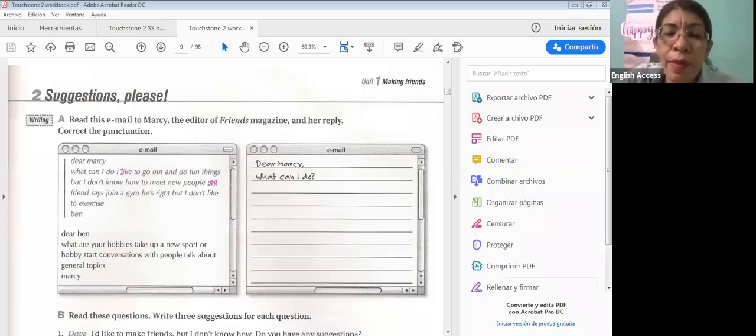Can you see it like that? My friend says, comma, join a gym. He's right, but I don't like to exercise. And then we have the name of the person, Ben. Is it correct?